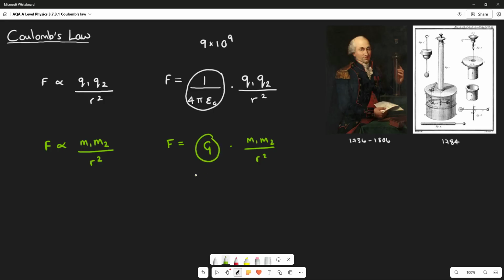For gravity, this value is 6.67 times 10 to the minus 11. This means that the force of gravity is approximately 1 times 10 to the 20 times weaker than electrostatics.